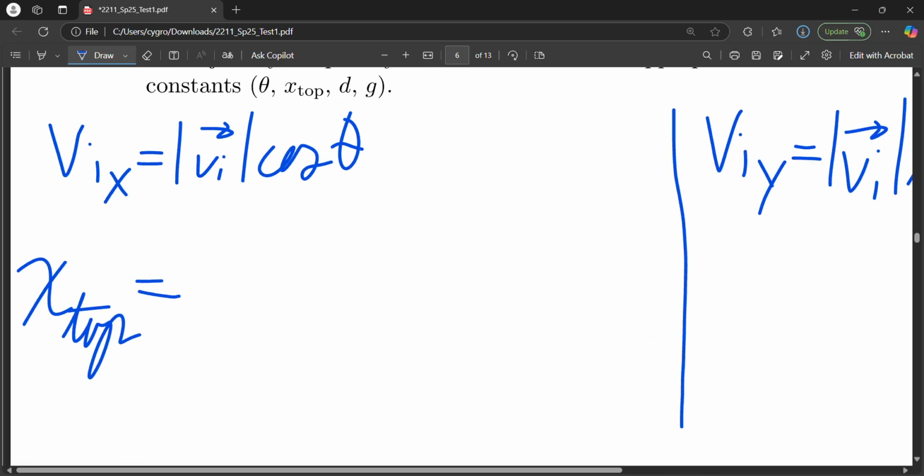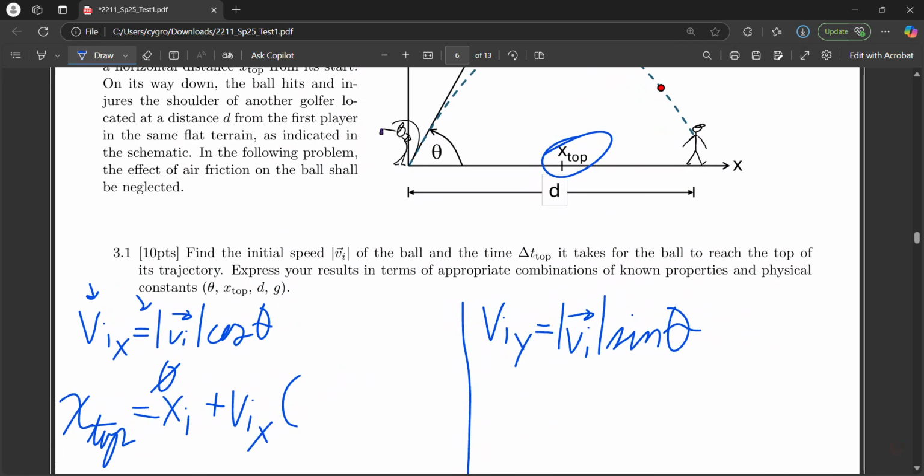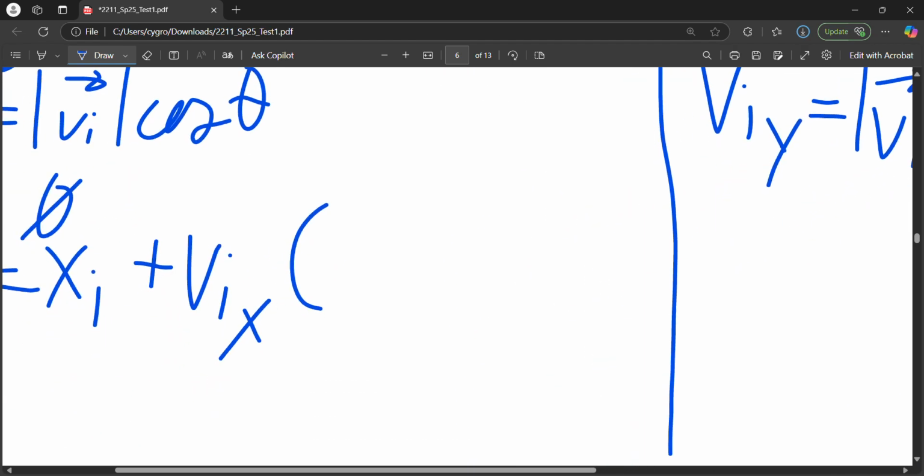X top is going to be equal to our position update function. So we're going to take our x initial, which in this case is 0, and write that up top, and then we're going to add the velocity. It's important to notice that we're doing this in the x direction, so instead of using our initial velocity, we're going to use our initial velocity in the x direction, vi x, times the change in time. This is going to be our change in time to get to the top.